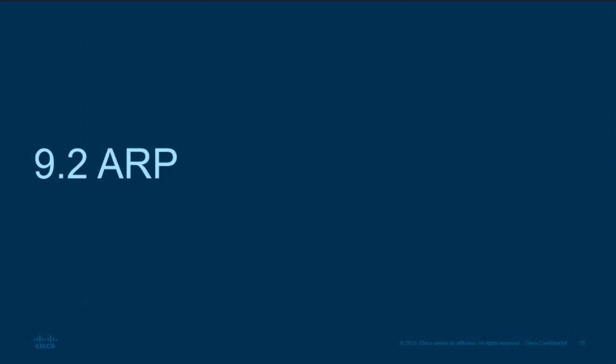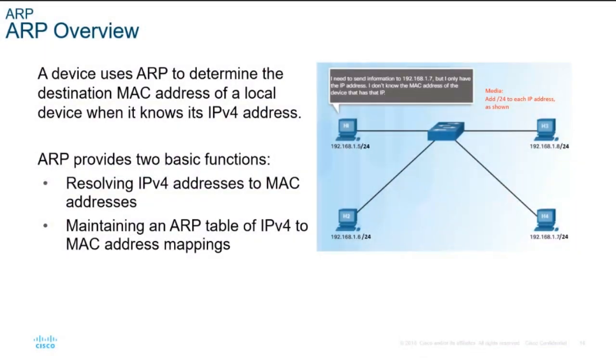Okay, next, ARP. If your network is using the IPv4 communications protocol, the ARP or the Address Resolution Protocol is what you need to map IPv4 addresses to MAC addresses.